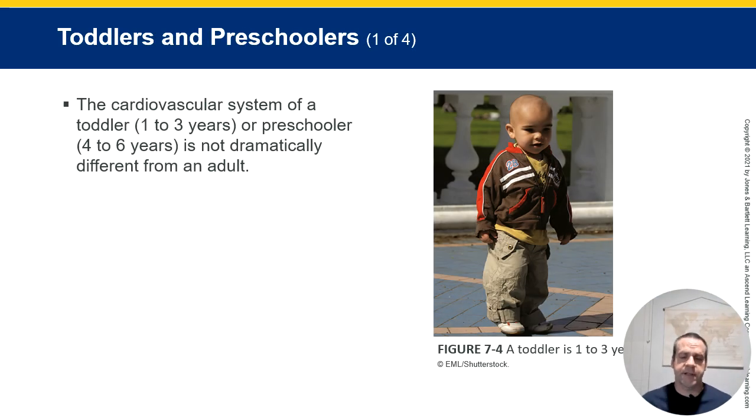So let's go ahead and switch gears to toddlers and preschoolers. As children transition from infancy into toddler and preschool years, we begin to see major leaps in both physical and emotional development. Toddlers are typically between 1 and 3 years old, and preschoolers range from 3 to 6 years old.